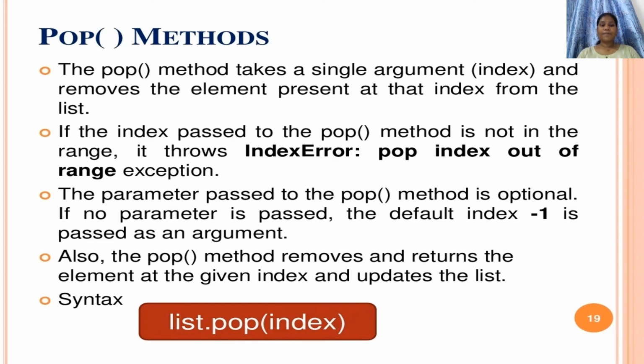The parameter passed to the pop method is optional. If no parameter is passed, the default index -1 is used as the argument. Also, the pop method removes and returns the element at the given index and updates the list. The syntax for the pop method is list.pop and the index position of the element you want to remove.